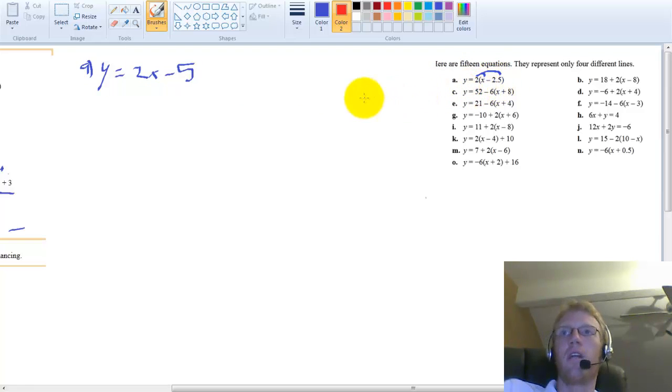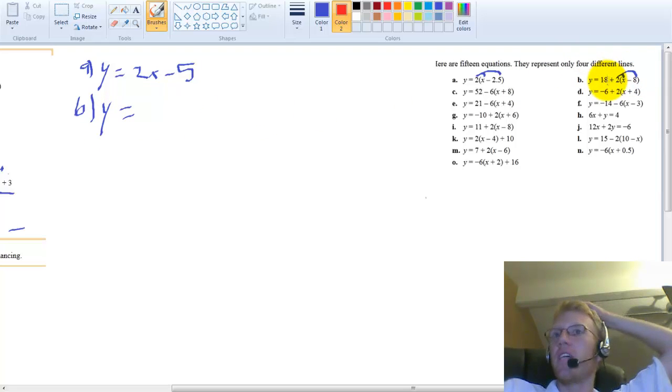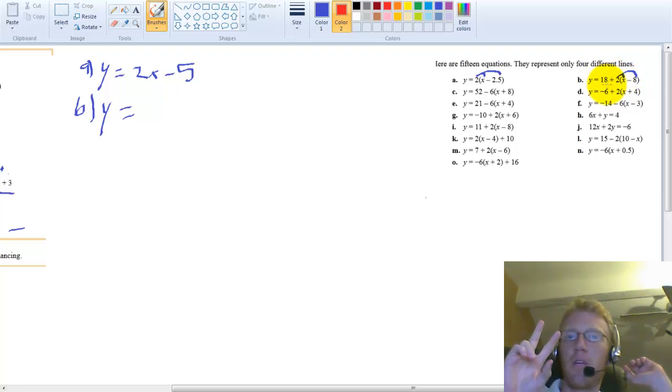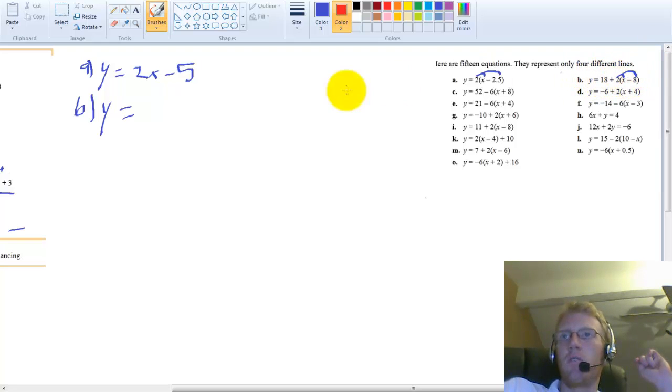Cool. Now let's look at B. Y equals, this 2 is going to distribute in, and this 18 is here. Now, I could write these in either order I want. I could do this part first, and then add on 18 at the end, because I can use the commutative property of addition to change that order. So that our x's come first, let's multiply the 2 in. So 2x is 2x. 2 times negative 8 is negative 16.